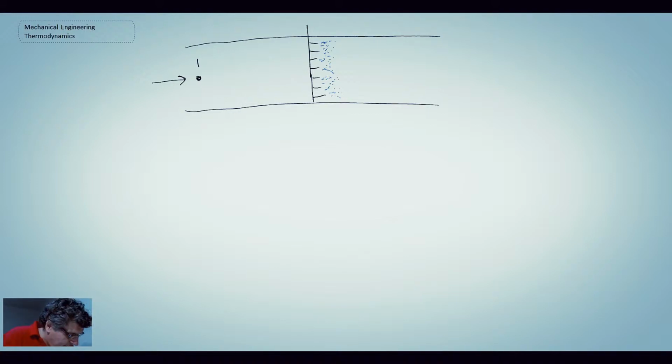So what we know is that we have 1 atmosphere pressure for the air coming in, 36 degrees Celsius. We're told the relative humidity at state 1 is 20%. The air flows through, and when it's leaving at state 2, we don't know the temperature, but we are told the relative humidity goes up to 90%.